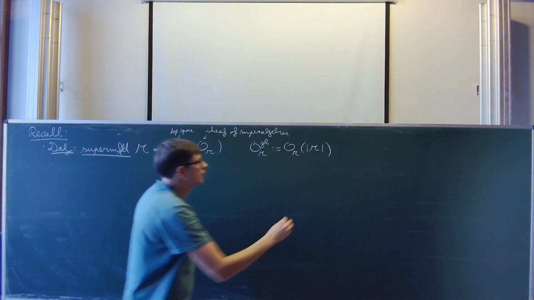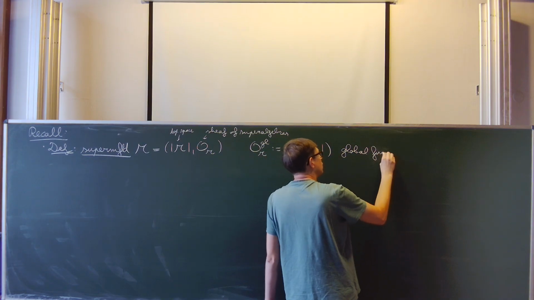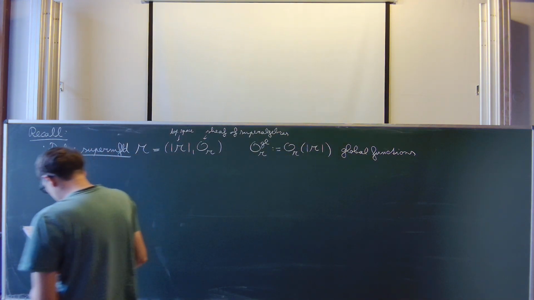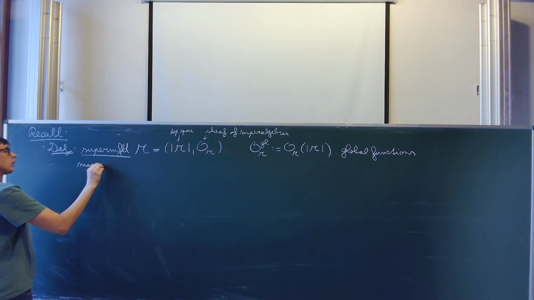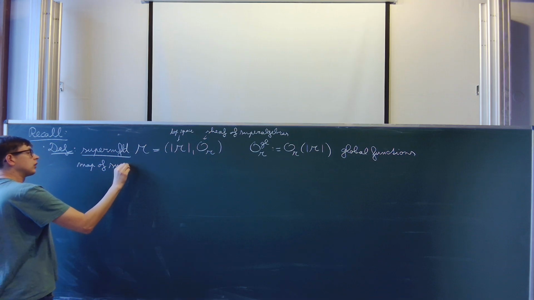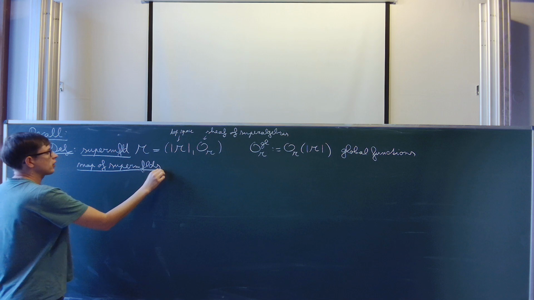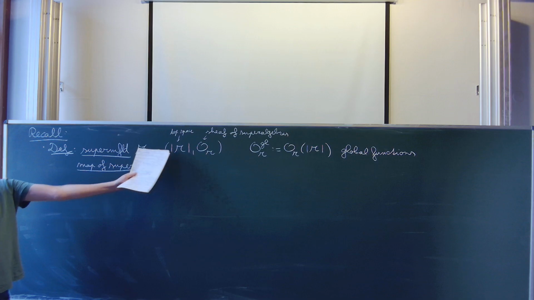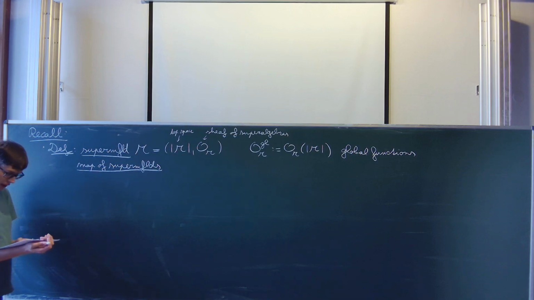Global functions. And we also define what a map of supermanifolds is, in some general way, which more generally you can apply to ringed spaces. So it was a pair of data: an underlying map of topological spaces, and then some extra data on how to relate the sheaves.